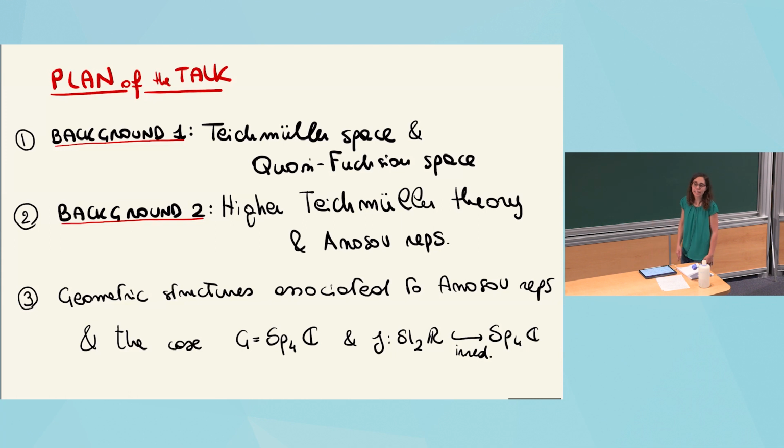But yeah, I'll start with the motivation from the low-dimensional case, where I come from in grad school, then what I'm trying to learn, this higher type Teichmüller theory and Anosov representations, and then we will discuss our main result.